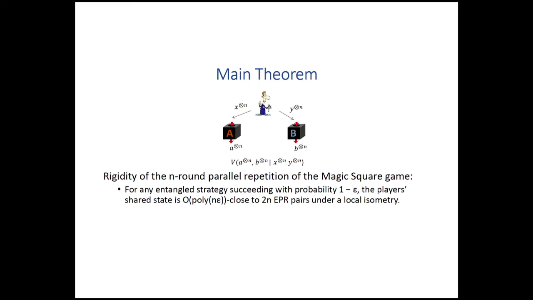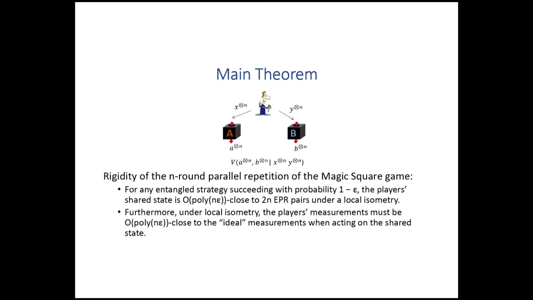If that's the case, then we can show that the players' shared state in this strategy must be close to n EPR pairs. So it must be close to the n-wise product of the state shared for the ideal strategy. And its distance, in the appropriate distance measure, has to be polynomial in n and epsilon. So that was important to us.